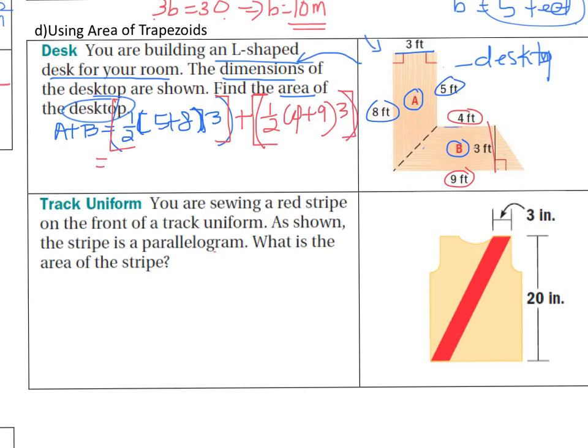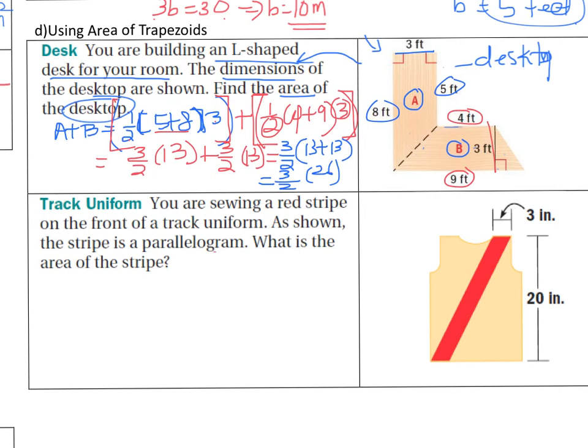Okay, and then after you do the math, this should be 3 over 2 times 13 plus 3 over 2 again times 13, and I can distribute the 3 over 2, and 13 plus 13 would give me 26, and I have nice numbers to work with.